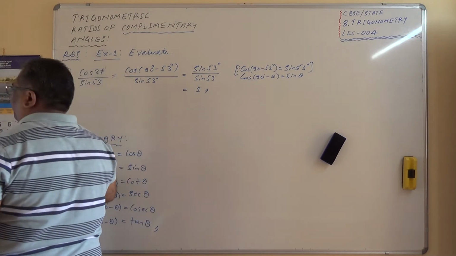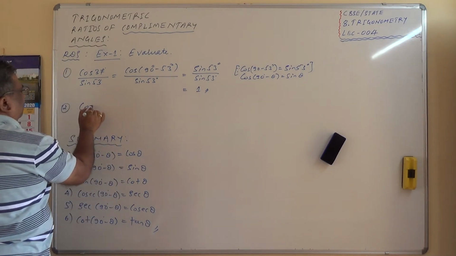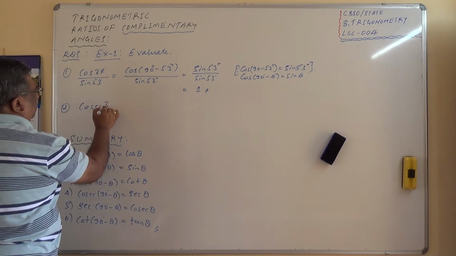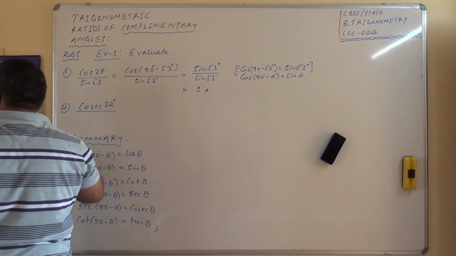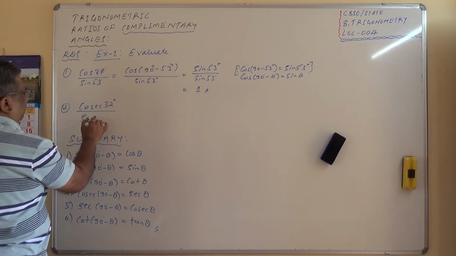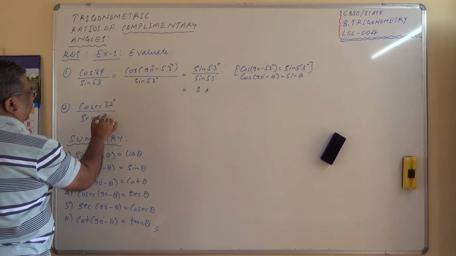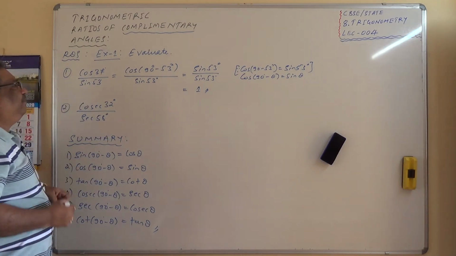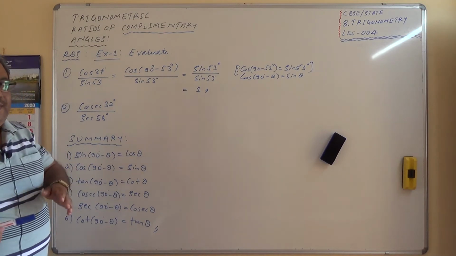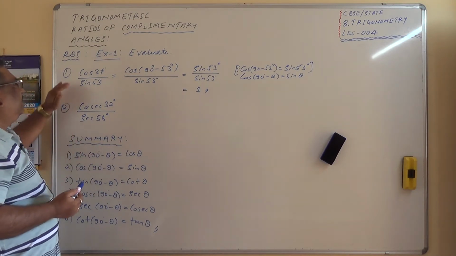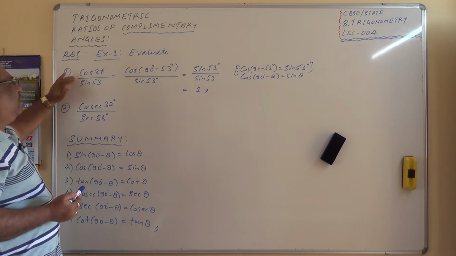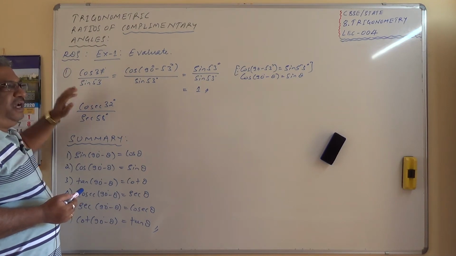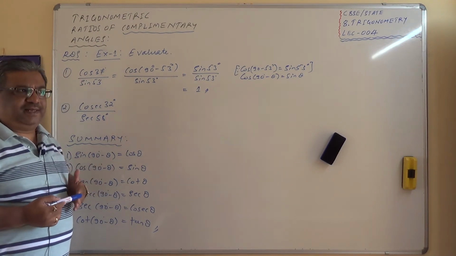Second one: cosecant 32 degrees divided by secant 58 degrees. One important thing in the first sum itself: you need to change only either the numerator or the denominator in terms of complementary angles.